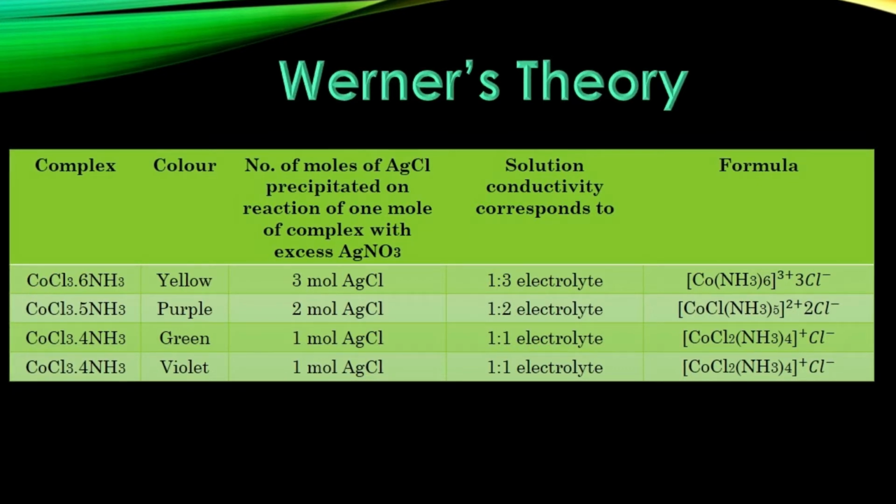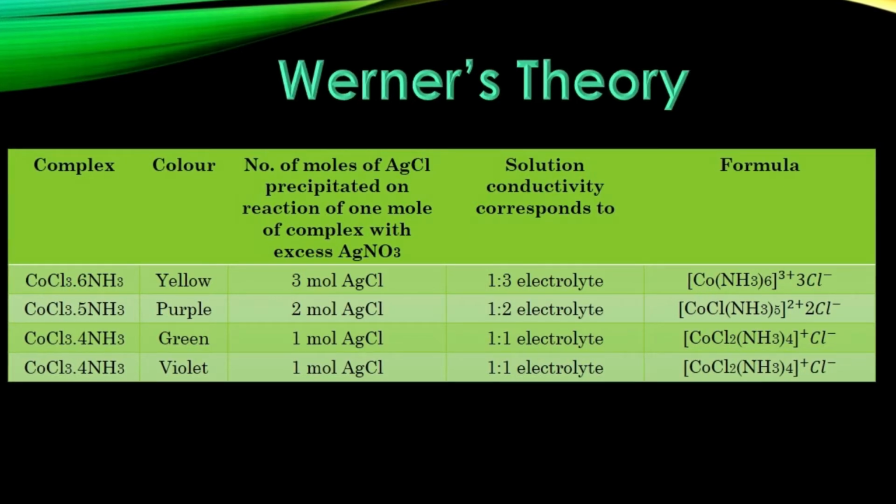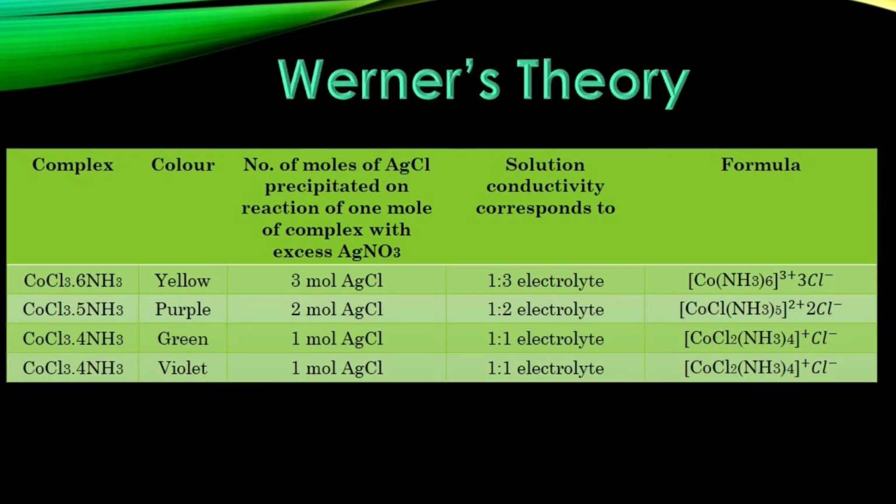On the basis of these two experimental findings, Werner said that for the central metal atom or ion, there will be two linkages, namely primary linkages and secondary linkages. The primary linkages are ionizable and they will be satisfied by negative ions.